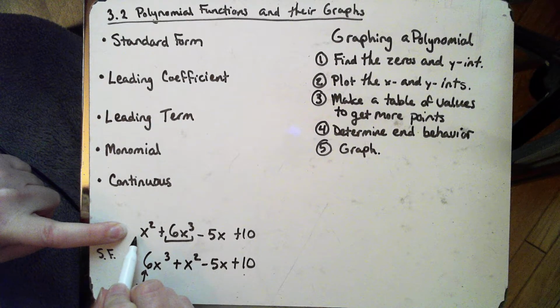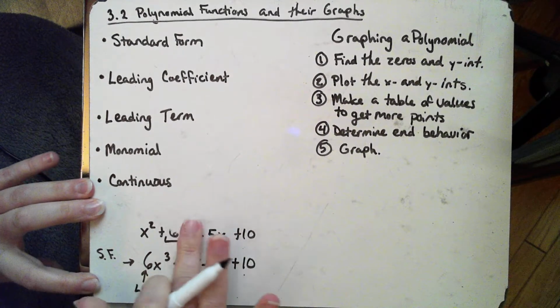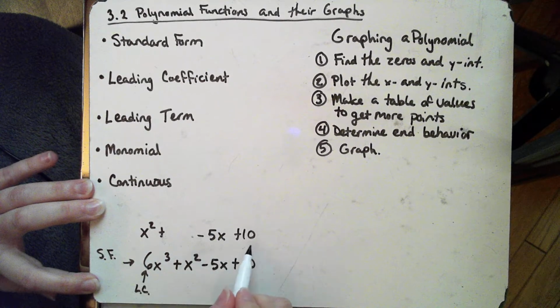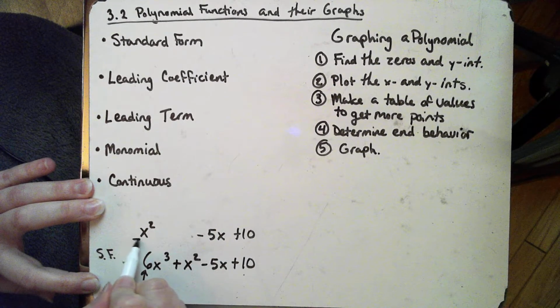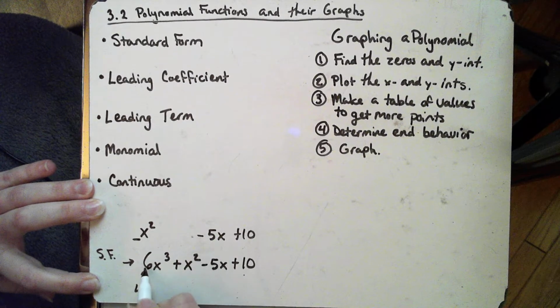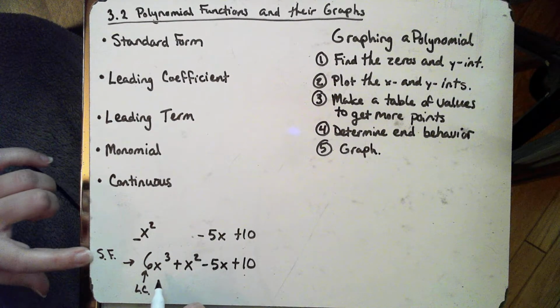Remember the invisible 1 that's attached to each variable? So hypothetically speaking, if this wasn't here, and this was in standard form, which it now is, the leading coefficient would be the 1 that's attached to this x squared. So there's always a leading coefficient, and it's the number that's attached to the first variable that shows up when it's in standard form.